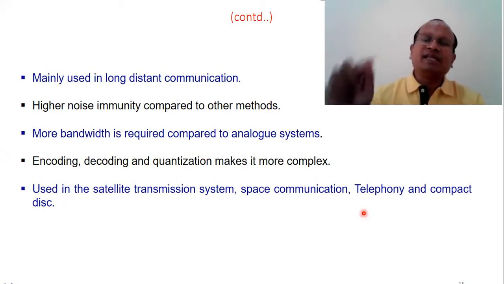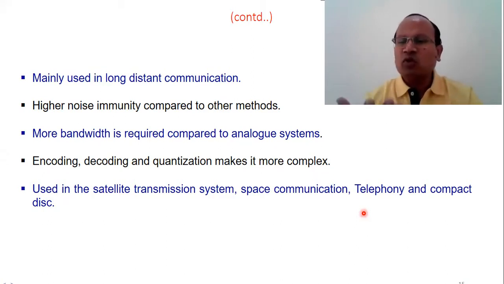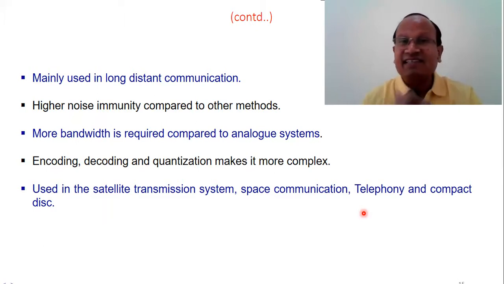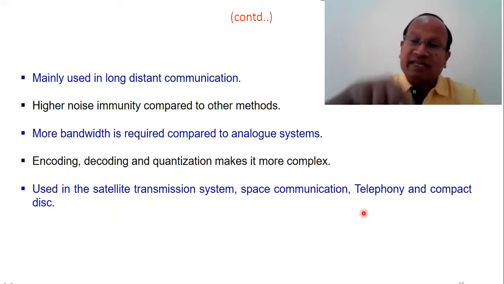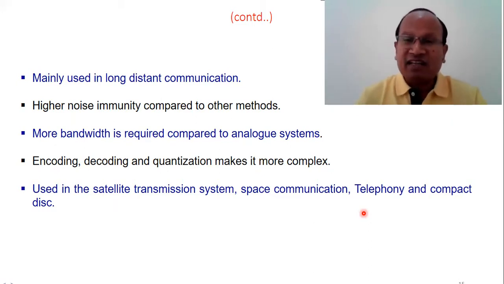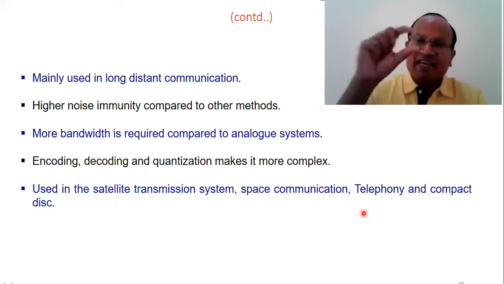When you insert a compact disc inside the computer, it reads the data in digital form. The computer understands those data, which are actually numbers stored in different tracks and sectors of the compact disc. The data there has been encoded.